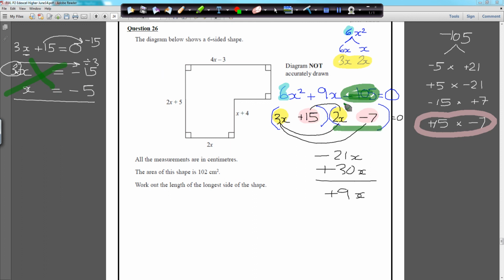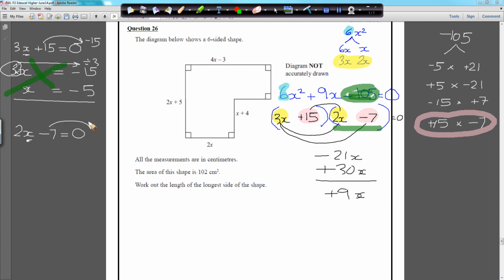Let's make this bracket equal to 0 in order to solve it. So we're going to have 2x minus 7 is equal to 0. We've got to work out the value of x. It's been times by 2 and minus 7. First action, second action.